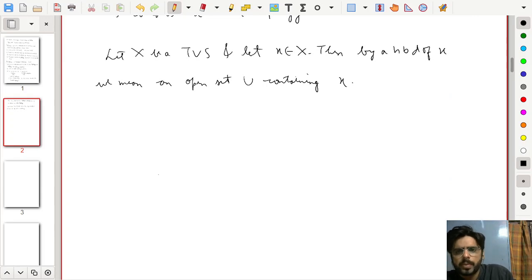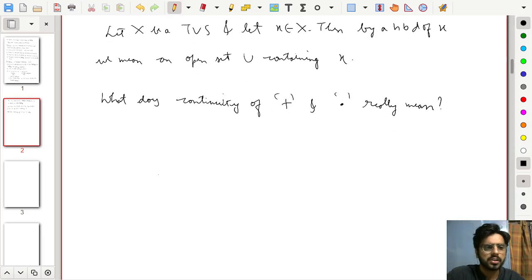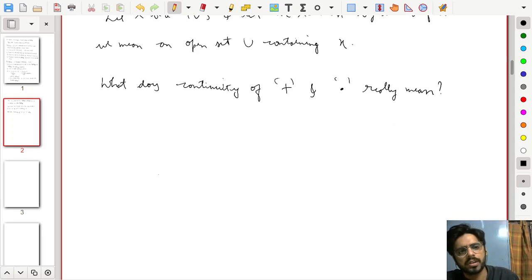Now let us understand what we mean by continuity of addition and scalar multiplication. What does continuity of this addition map and this scalar multiplication map really mean? Here you have to recall the definition of continuity in a topological space.